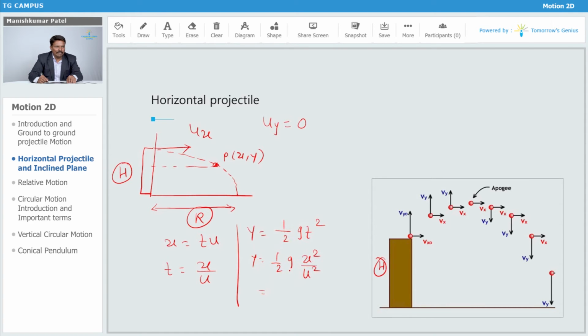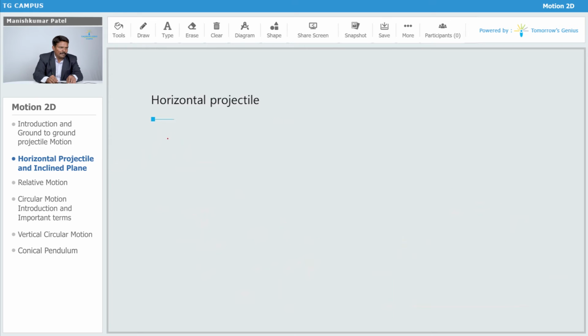So let's say y is equal to k x square, where k is simply g upon 2u square. So we get a very important expression, y is equal to k x square. That is a parabolic path, which the object follows when you throw it from the tower which has a certain height h.